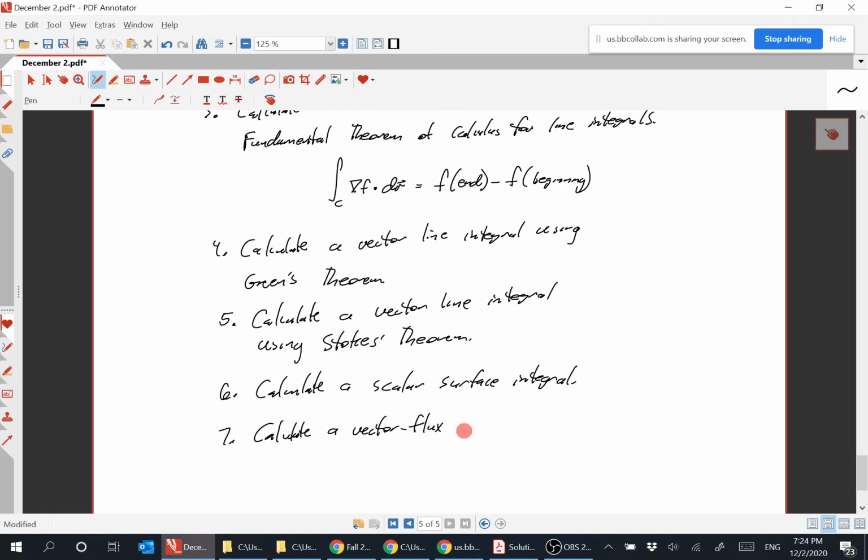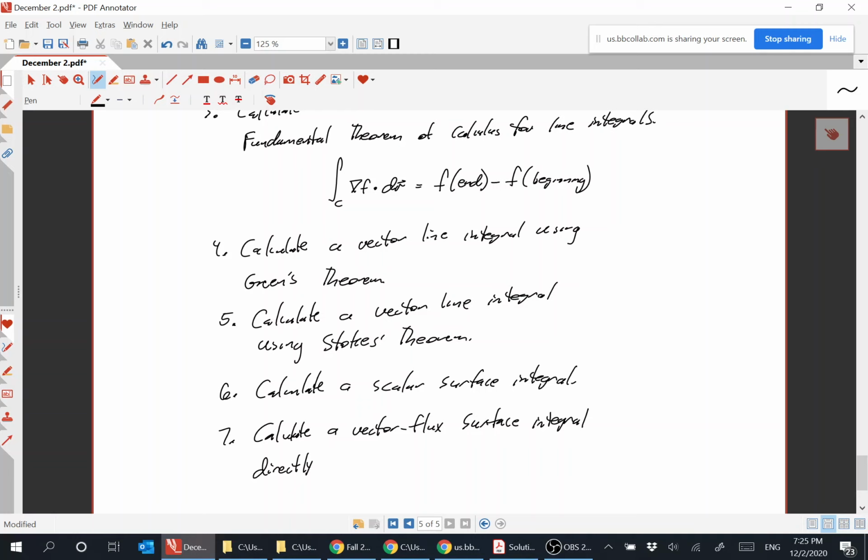So calculate a vector flux surface integral directly, so not using the divergence theorem. Stokes' theorem you're going to use to calculate a line integral, so to speak.